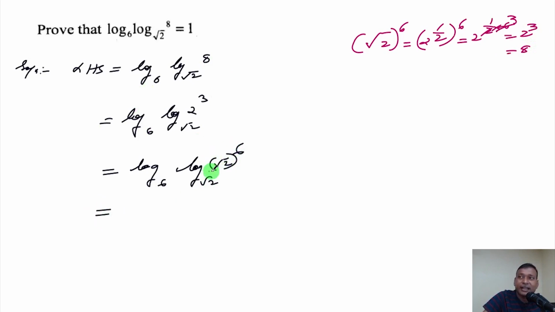Now this became of the form log m power n to the base a. We have the property log m power n to the base a is written as n log m to the base a. You see, when the log has a power, we put the power before log. So here this log has power, so this 6 I'll put before log.